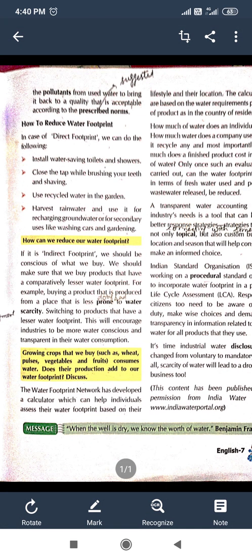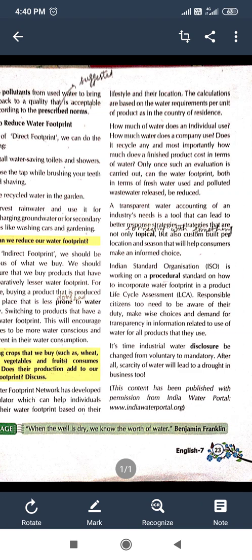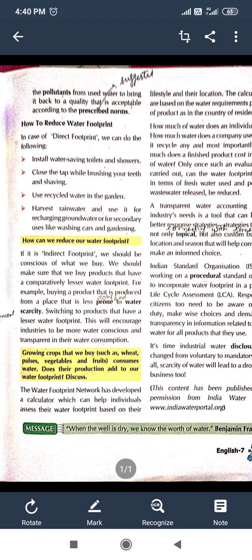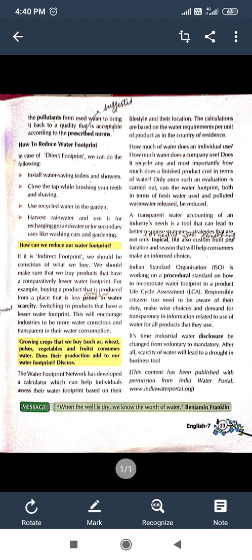The Water Footprint Network has developed a calculator which can help individuals assess their water footprint based on their lifestyles and locations. The Water Footprint Network means the network where they take care of water usage. They have developed a calculator and they help individuals assess their water footprint.